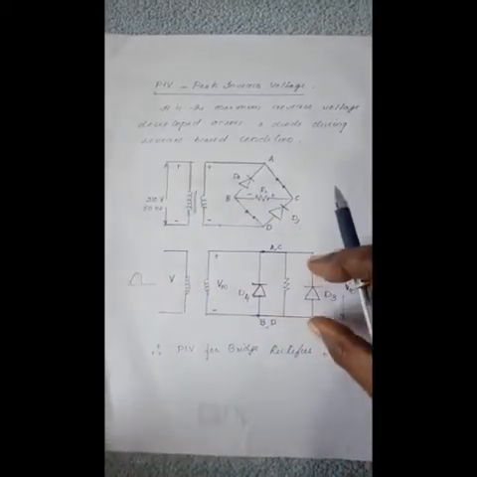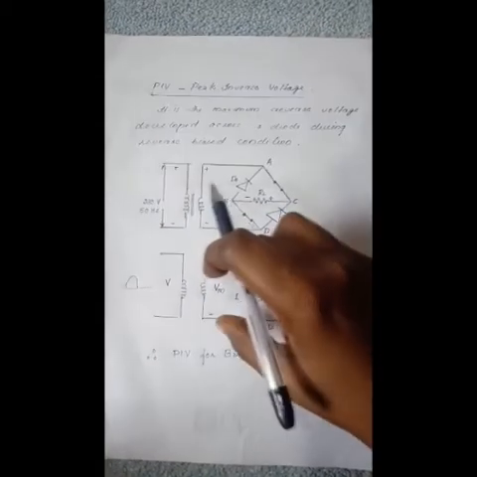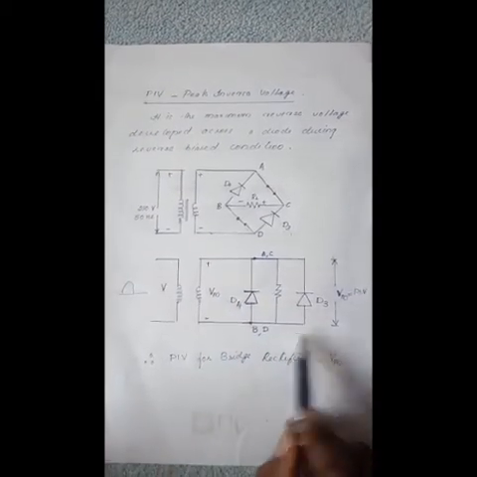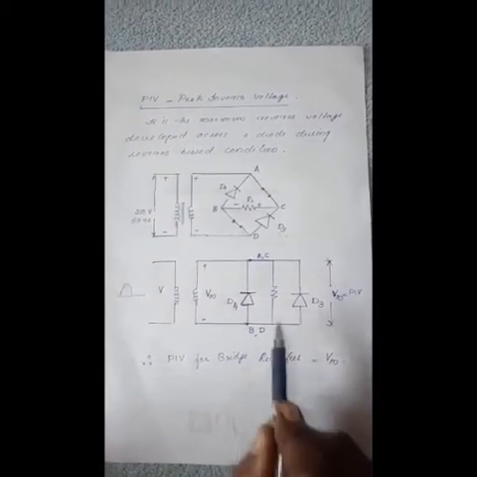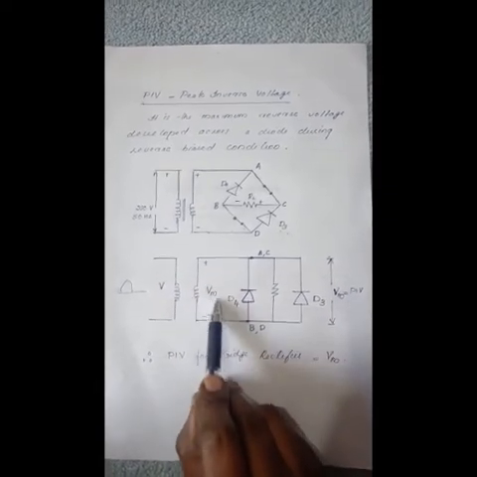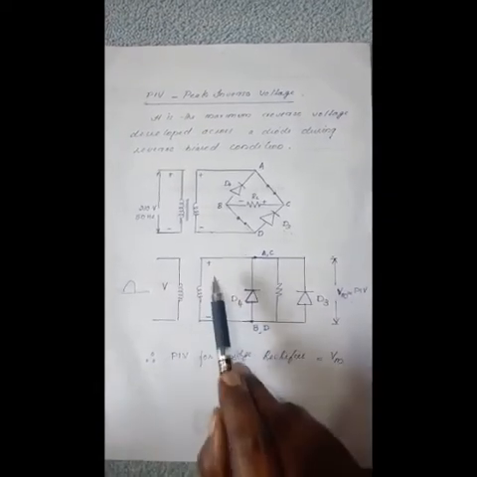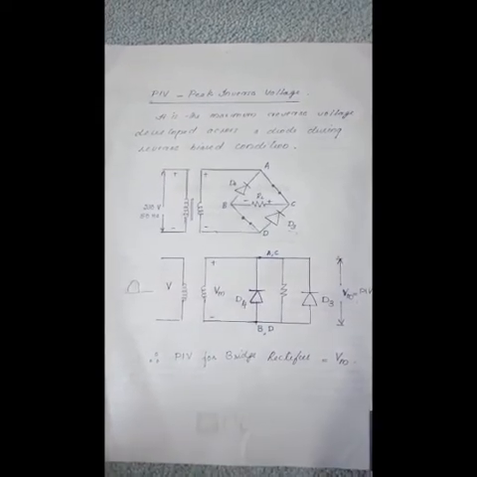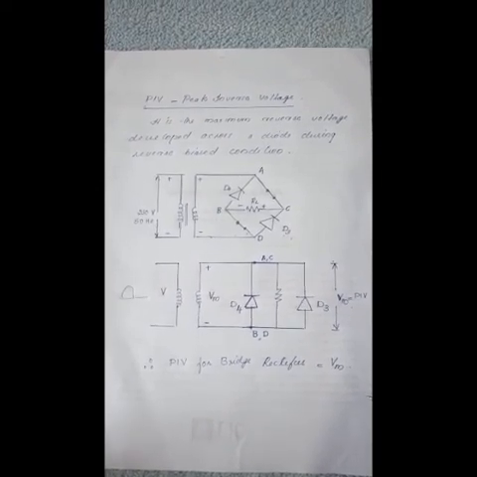So from this it is very clear that it is the secondary voltage. So for a bridge rectifier, PIV is the voltage VM, that is the voltage across the secondary. Therefore, PIV for a bridge rectifier is equal to VM. Thank you.